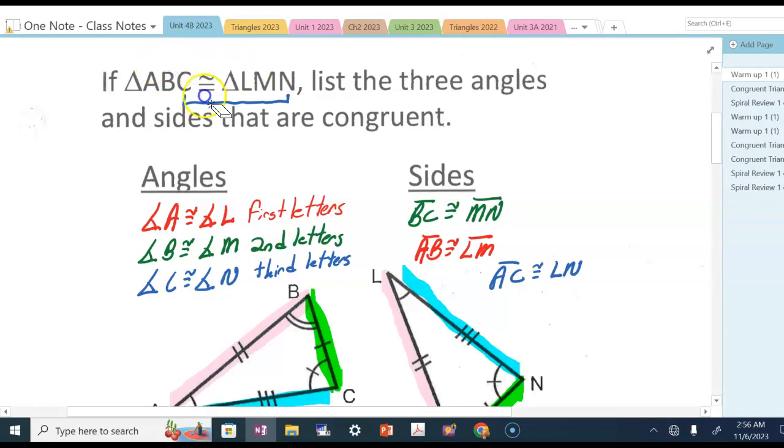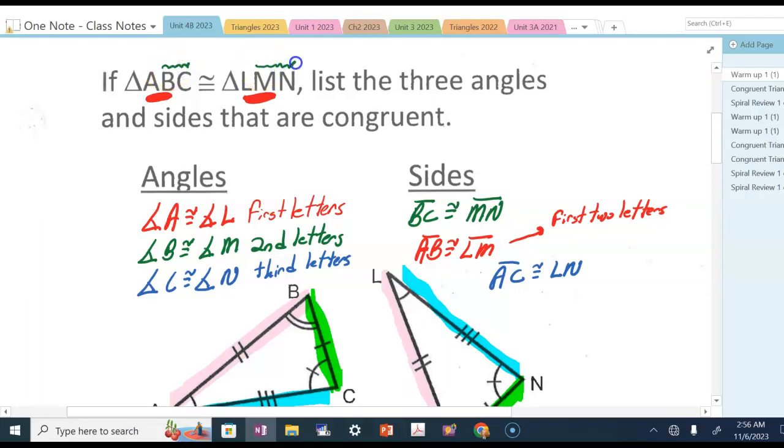If we take a look at the sides, if I were to take the first two letters, AB, that goes with the first two letters, LM. So in red, we have the first two letters here. Go with the first two letters. Then we have BC. Those are the second two letters.